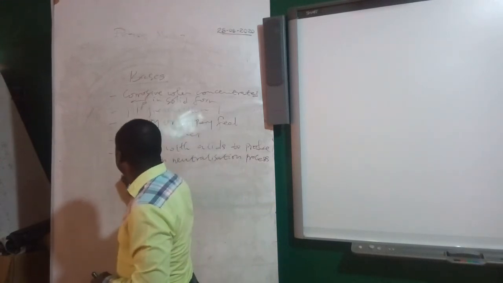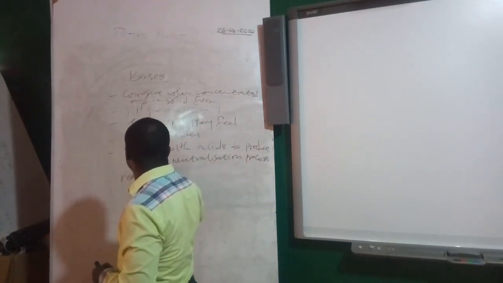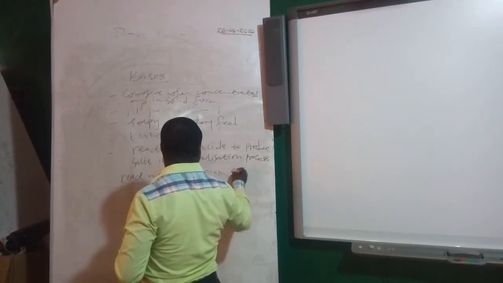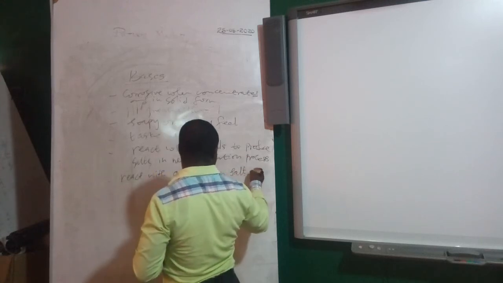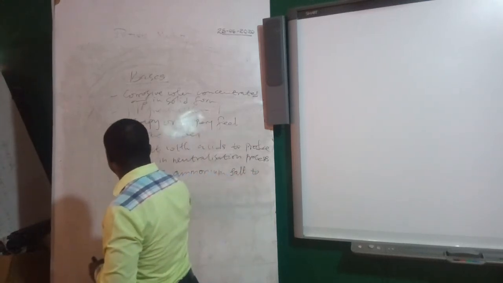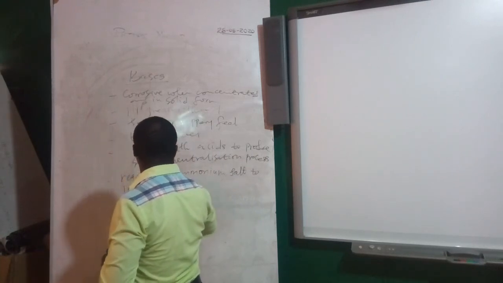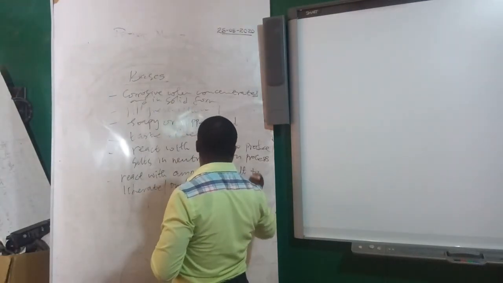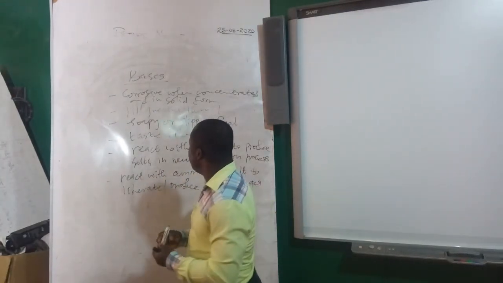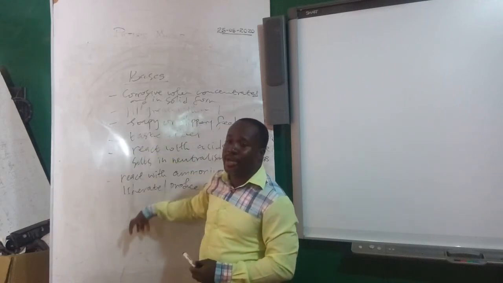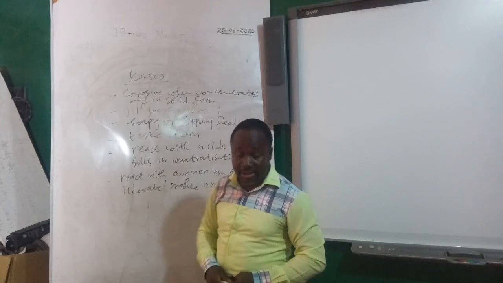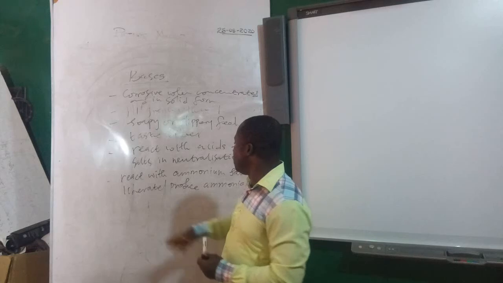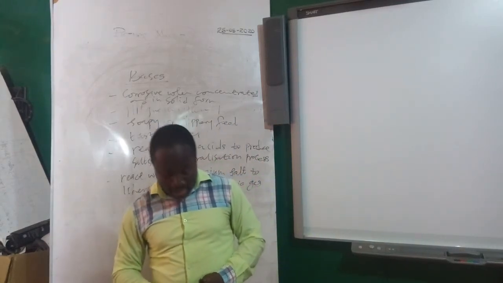They react with ammonium salts to liberate or produce ammonia gas. So you can see that the last 2 points are the chemical properties. So they react with ammonium salt to liberate ammonia gas.